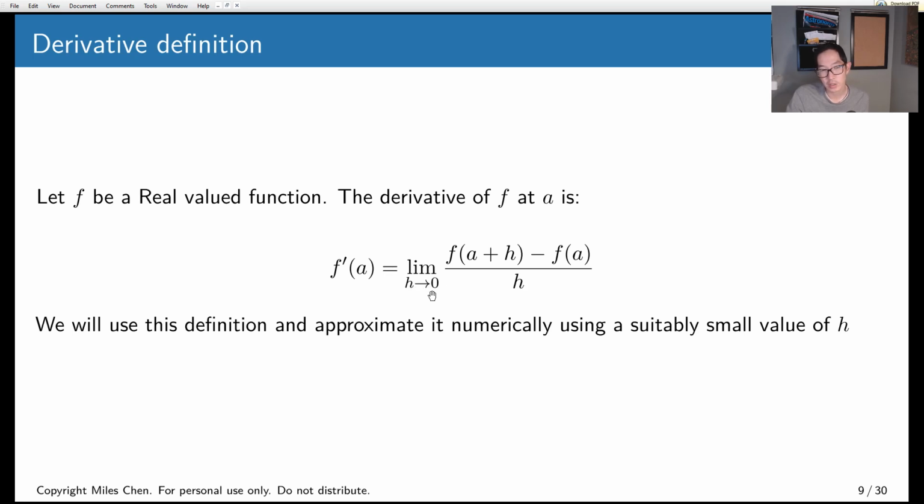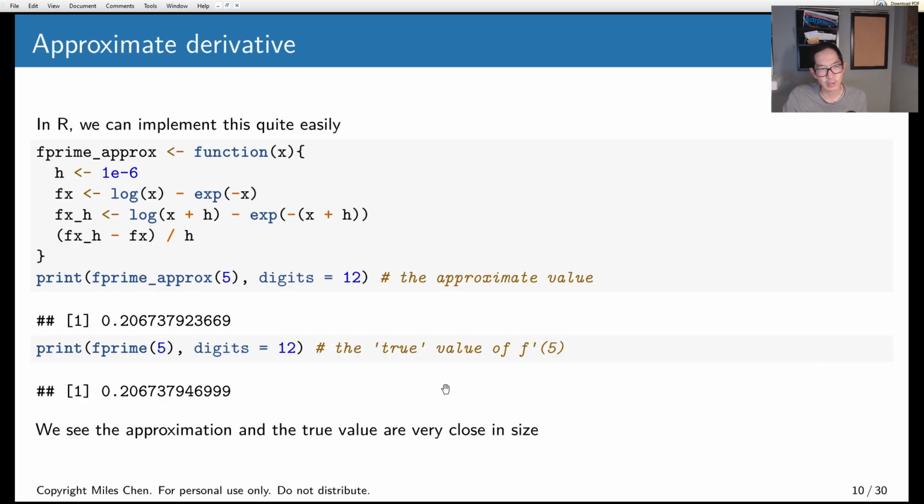As h goes to 0, that gives us the definition of the derivative. A numeric approximation takes this equation, and rather than figuring out the limit as h goes to 0, we just plug in a really small value of h.